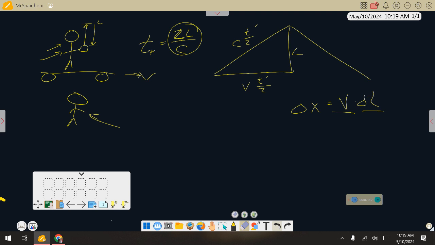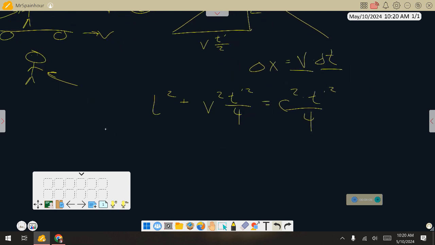Okay, so how do I compare this? Well, this is just trig, so that's going to be L squared plus what? I'm just going to square it all while we're doing this. Is equal to? The same thing, c squared times t prime squared. All right. Now my goal, like I said, is to take this mess and somehow pull out 2L over c.